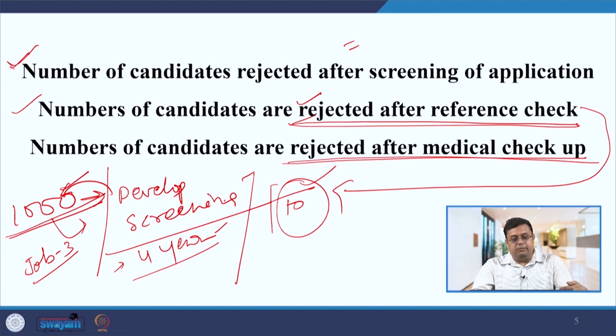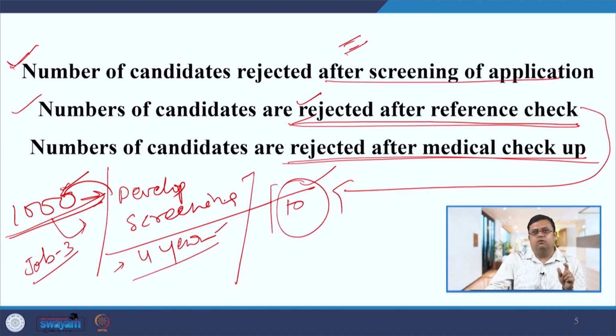These numbers are also very important, and the screening number is very important too, because that will tell you every year what the screening criteria should be. If every year your screening criteria is going higher and higher, it indicates that the quality of candidates is increasing.